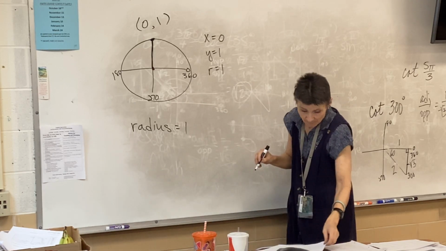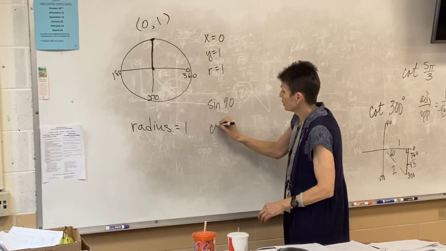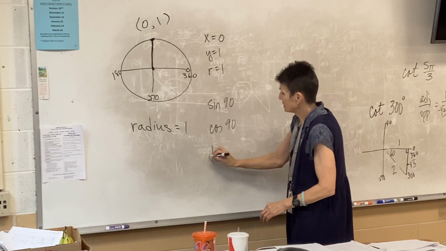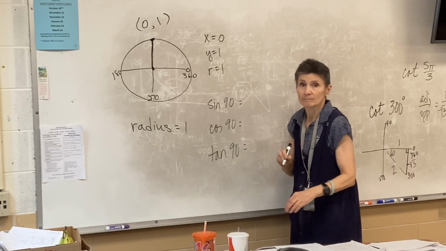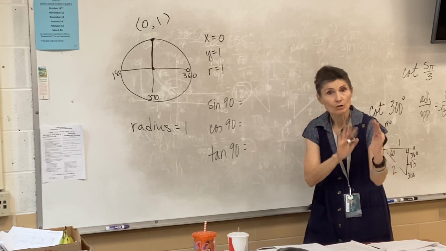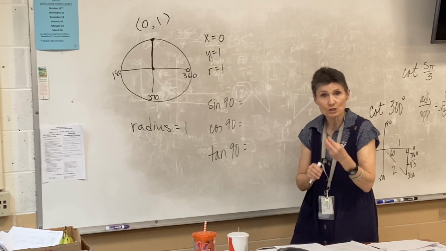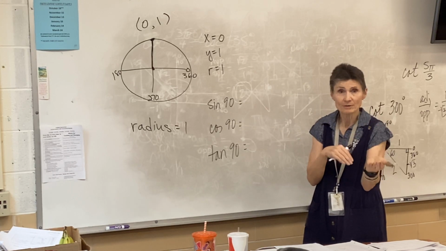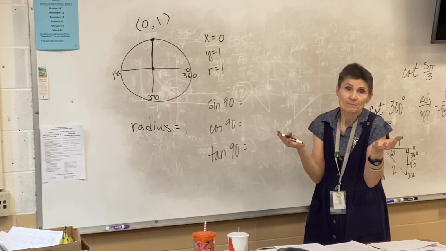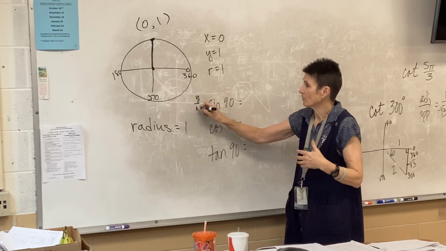Now I want the sine and the cosine and the tangent of that angle. So consult your purple sheet. You need the circular definitions. Sine is not opposite over hypotenuse unless you got a triangle. We don't have a triangle. So sine is y over r.